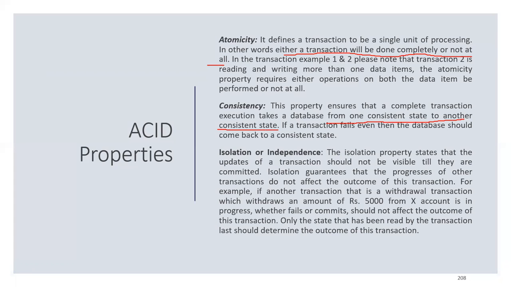Even if a transaction fails, which we discussed under the rollback condition, the database should come back to a consistent state, that is, the state at the beginning of the transaction. So that is called consistency.